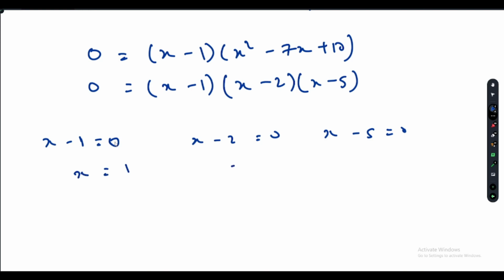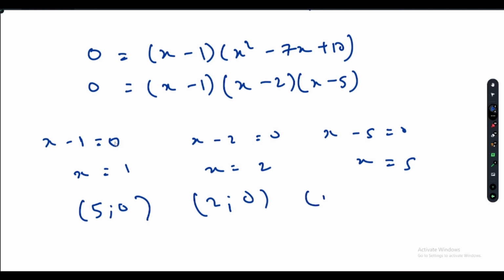So x is equal to 1, x is equal to 2, x is equal to 5. So my three x-intercepts would be 5 and 0, 2 and 0, 1 and 0. And we have our x-intercepts sorted out.